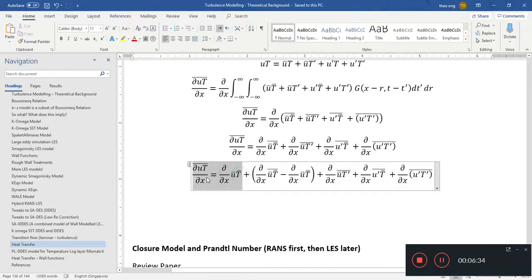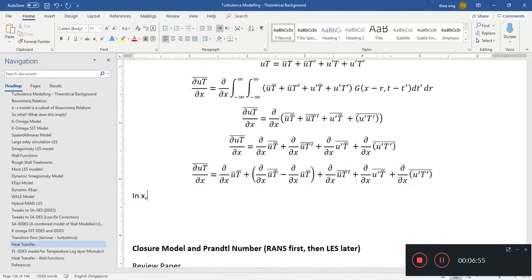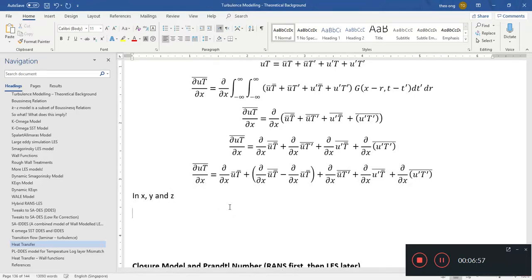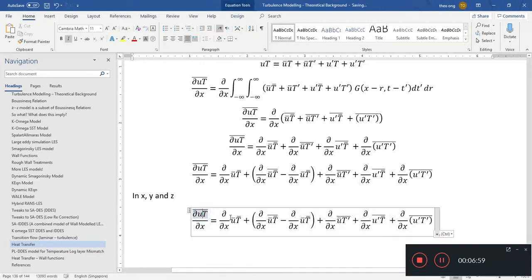So what we usually like to model this as, when you do this over the x, y, and z directions, instead of writing u in x, y, and z, we can just replace u with v or w, and x with y or z.